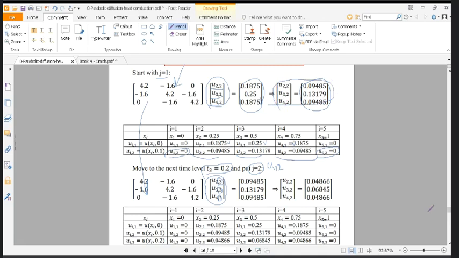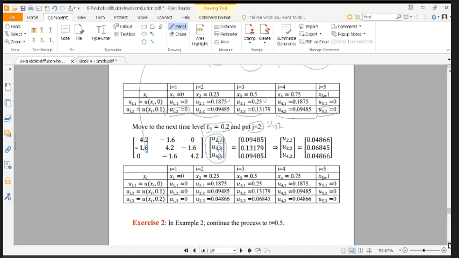When we solve this system of equations, we have the values of u2,3, u3,3, and u4,3. We have the values for all interior points at t3 at once.